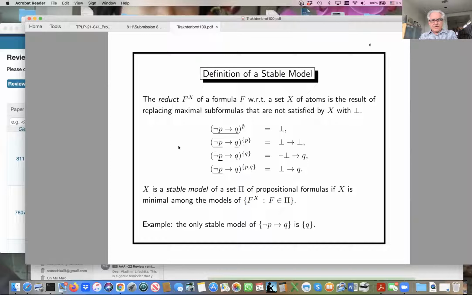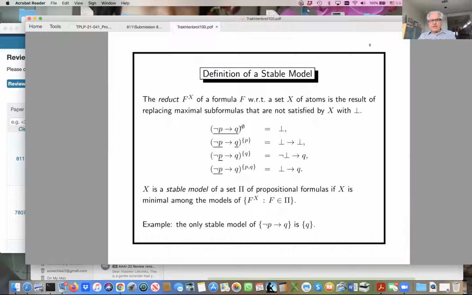So here you see, for instance, what happens if we take the formula not P implies Q and calculate its reducts with respect to all 4 subsets of the set of atoms that occur in it. If, for instance, we want to reduce it with respect to the empty set, in other words, the truth assignment that makes both P and Q false.